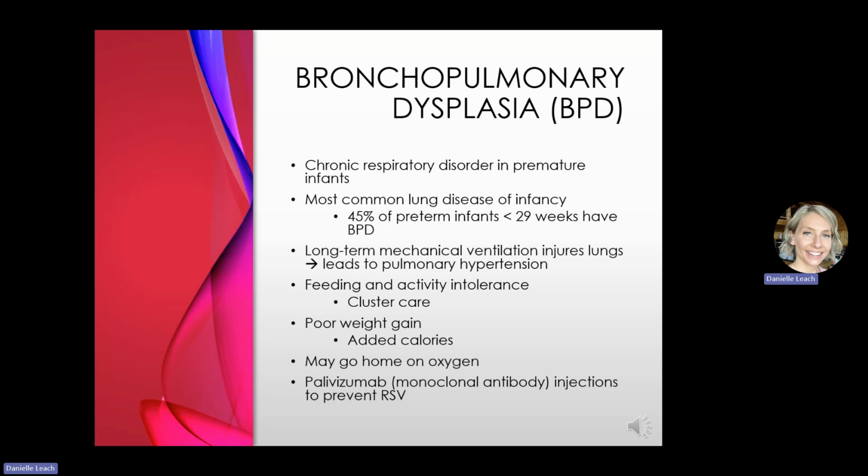So basically, if we are giving infants a high percentage of oxygen or are mechanically ventilating them for a long period of time, it's going to injure the lungs and scar the lungs. It can also lead to what's called pulmonary hypertension. This happens when the pressure in the blood vessels that are leading from the heart to the lungs is too high.